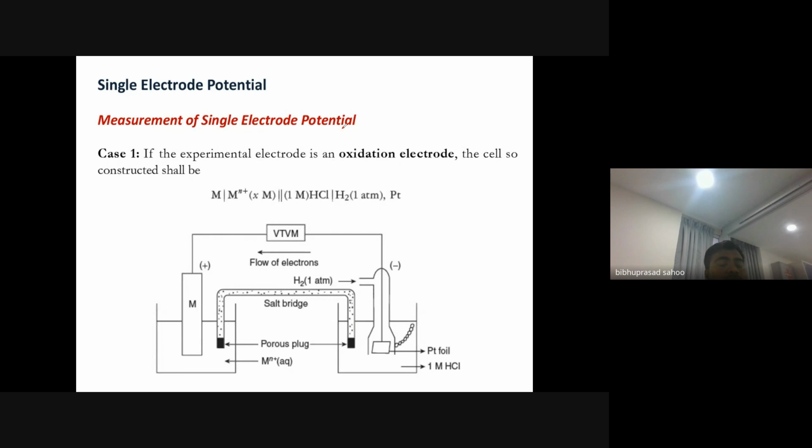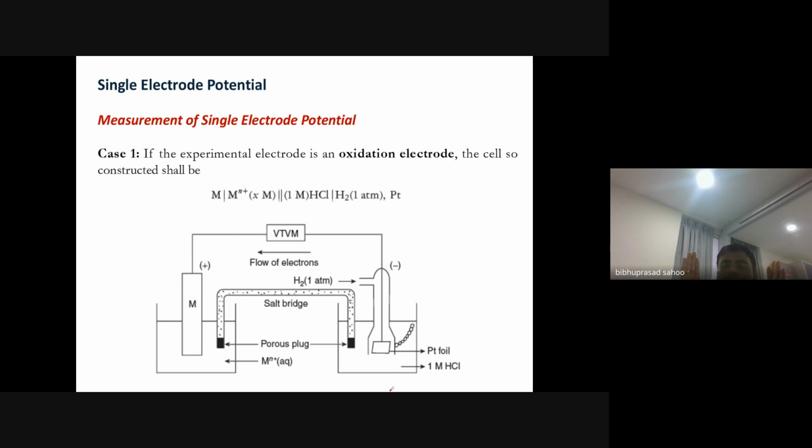Just listen carefully. Then you require SHE, the standard hydrogen electrode. My left hand is the unknown electrode, my right hand is the known electrode, that is SHE. So I make a cell just like the image. In the image, the right hand side is SHE and the left hand side is the unknown metal.